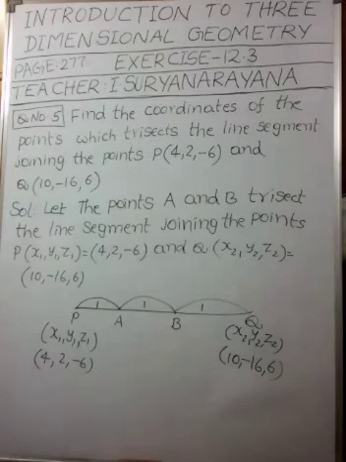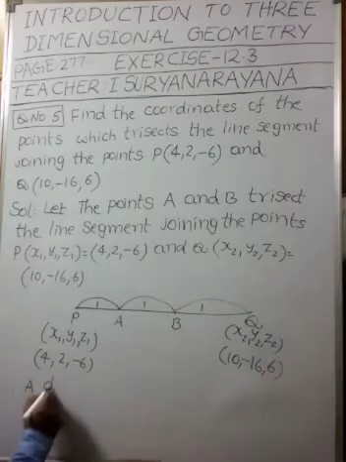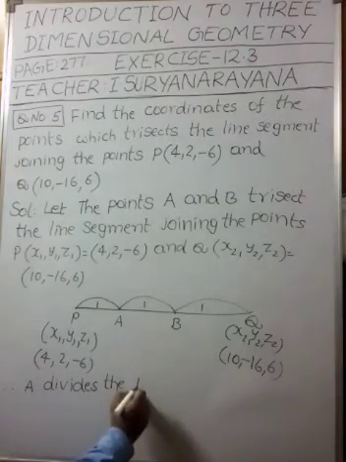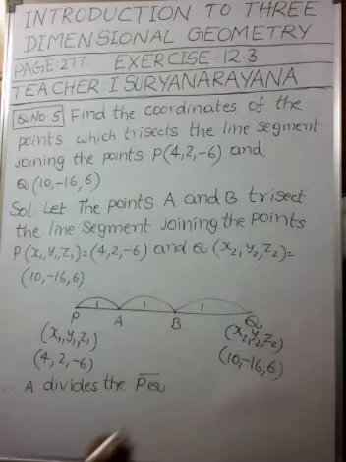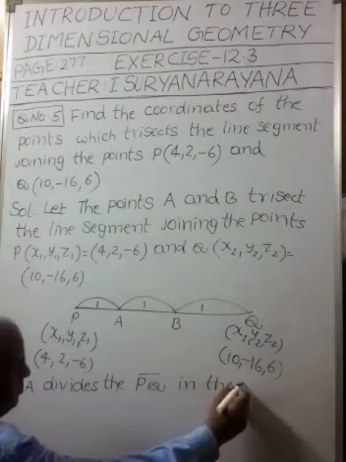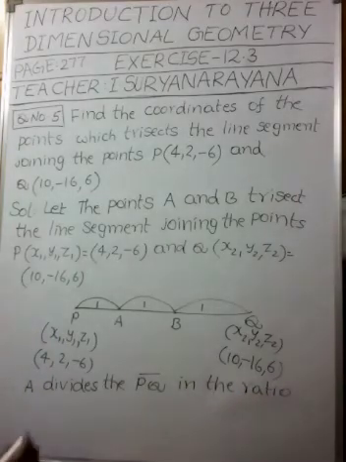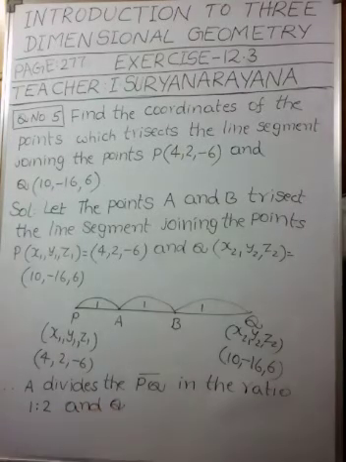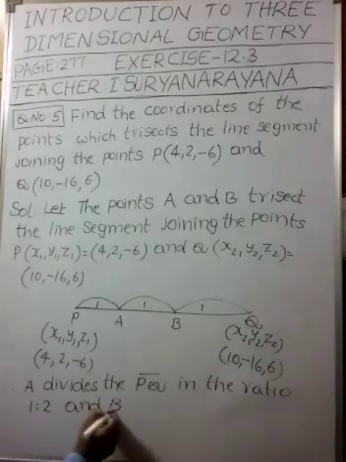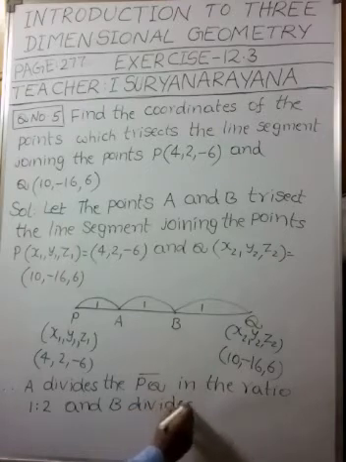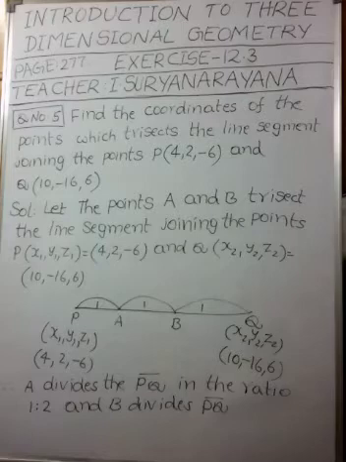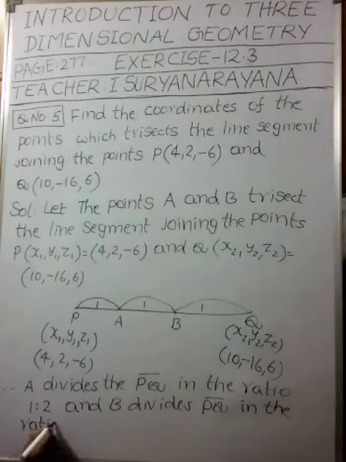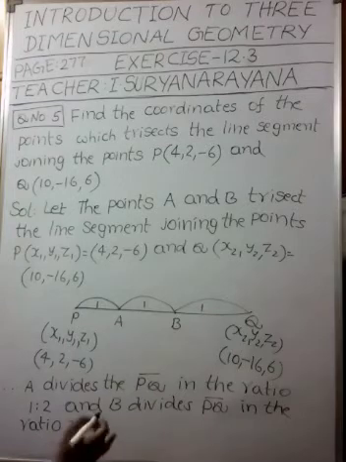Therefore, we can write: A divides the line segment PQ in the ratio 1:2, and B divides the line segment PQ in the ratio 2:1 internally.